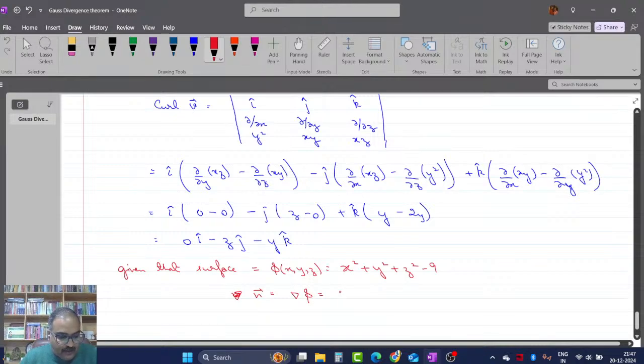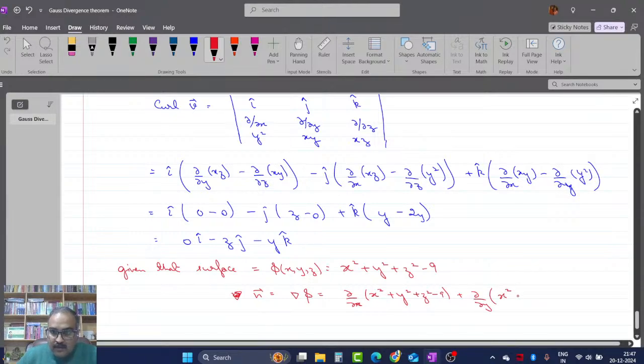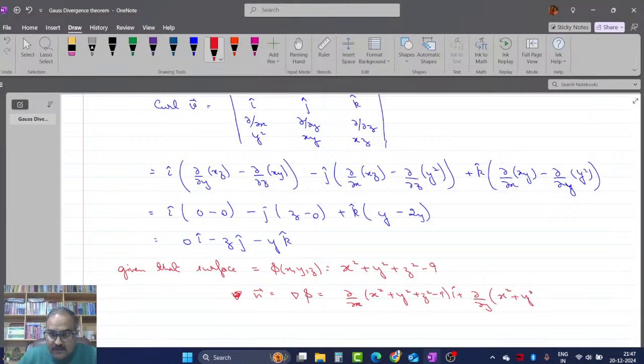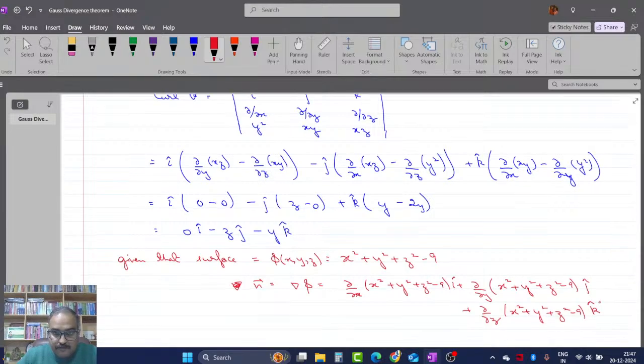That means ∂/∂x of x square plus y square plus z square minus of 9 i cap plus ∂/∂y of x square plus y square plus z square minus of 9 j cap plus ∂/∂z of x square plus y square plus z square minus 9 k cap.